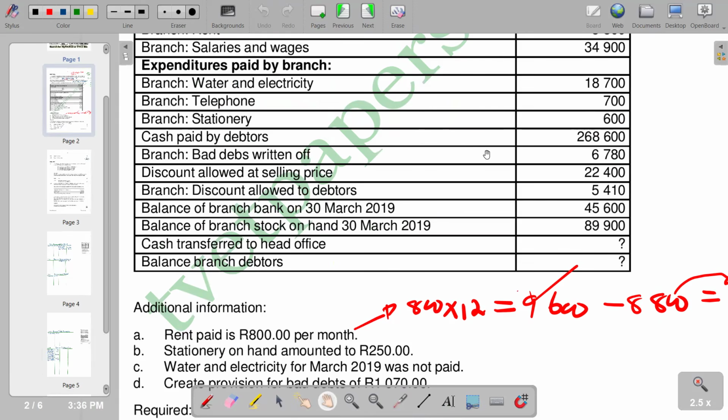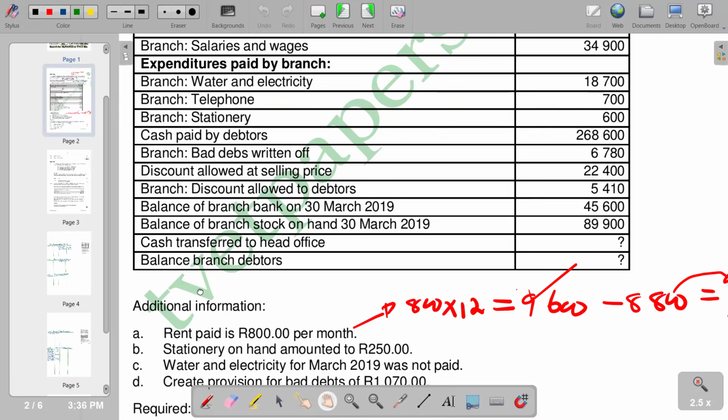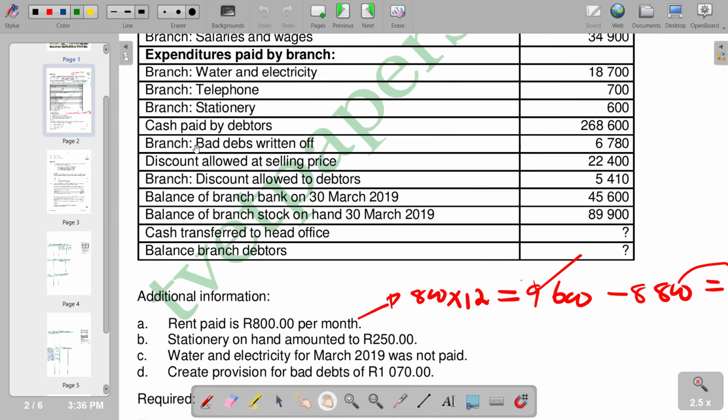We can now get what was used, which is going to be the expense, part of the profit and loss. So we have what was bought as 600, as indicated, and what was remaining at the end of the period, we're given here in B: stationery on hand amounted to 250 rands. So if you say 600 minus 250, you get what was used, which is the expense now.